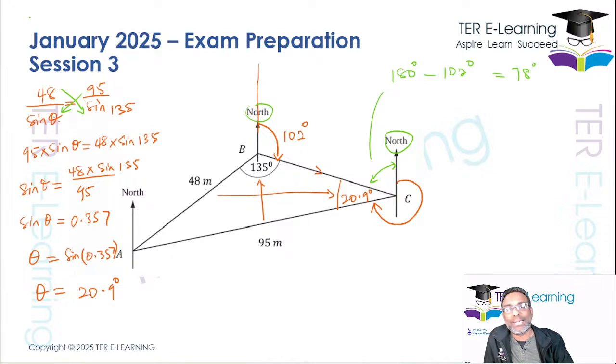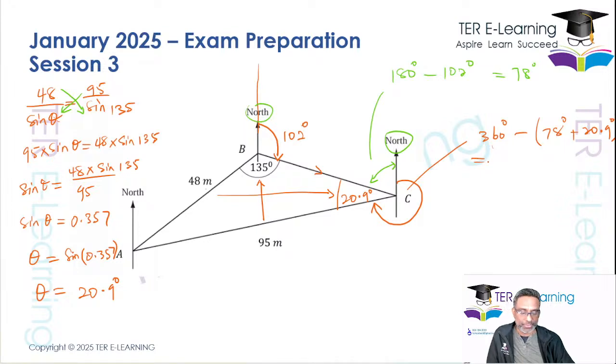So if you want that bearing there, this bearing here is simply going to be 360 minus, we need to remove the 78 and remove the 20.9. When you work this out, this will give us the answer we're looking for.